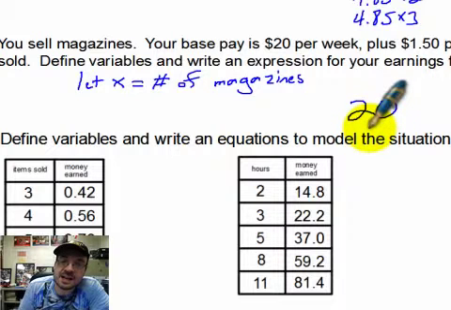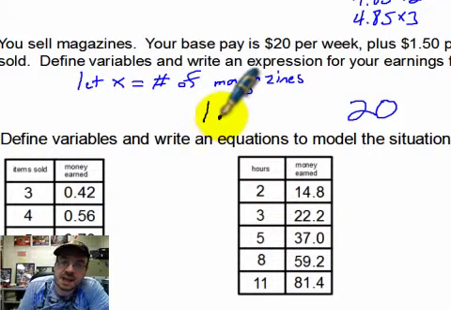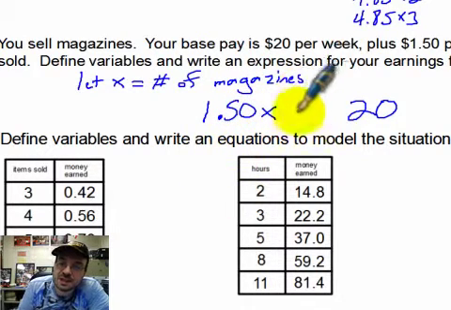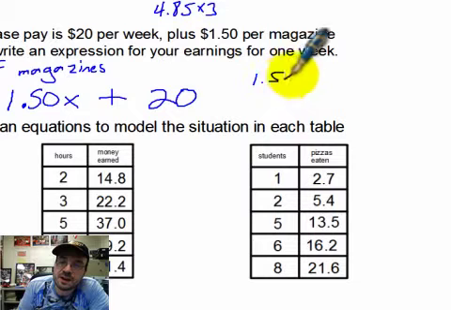And I'm going to add $1.50 every time I sell a magazine. So if I have X magazines, the total money I get from the magazines would be $1.50 times X plus the fact that I get $20. So my overall expression would be 1.5X plus 20.